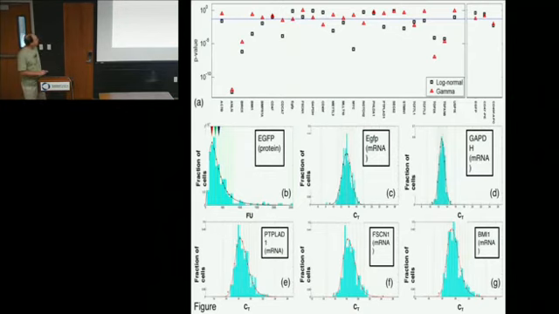Then we looked at a large number of these HCT116 cells and a large number of genes and fit the distributions both to log-normal and to gamma distributions. Besides looking at mRNA distributions, we also looked at a few protein distributions.